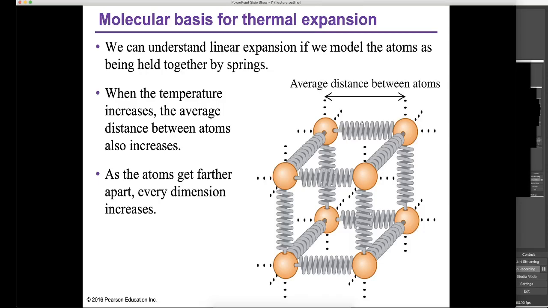So now let's explain why an object will increase in size when the temperature is higher. Let's get back to the microscopic view of an object. For example, this is an object. Inside an object, you will see a lot of molecules, and molecules have interactions with each other. It's like springs connecting the molecules.